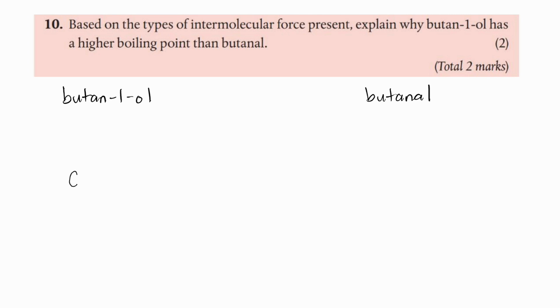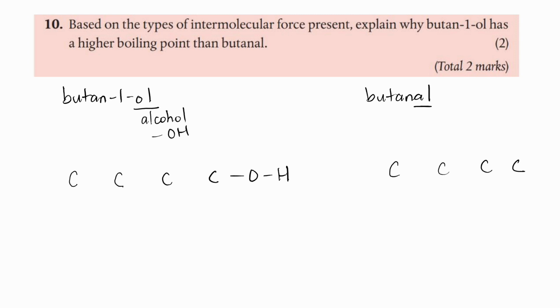So for each of these, we're going to have 4 carbons in the carbon chain. And then it's telling us that the endings are different. For butan-1-ol, OL means it's an alcohol group, which is OH, right? So we know there is an OH at the ending of this molecule.